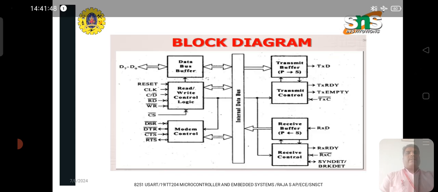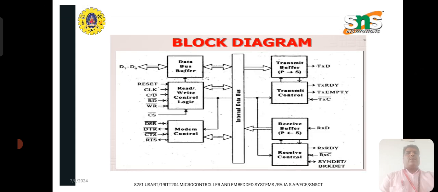The very important blocks in 8251 are data bus buffer, read-write control logic, modem control, transmit buffer, transmit control, receiver buffer, and receive control. This question is generally asked in Part B. It can be answered individually or it comes along with some case study.